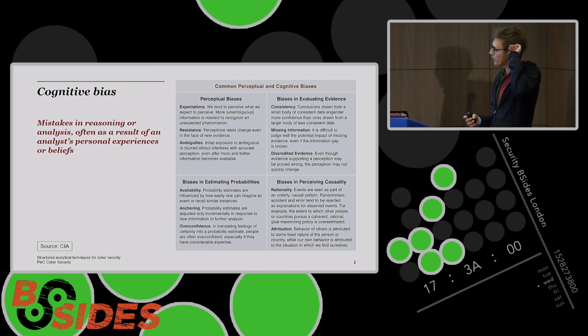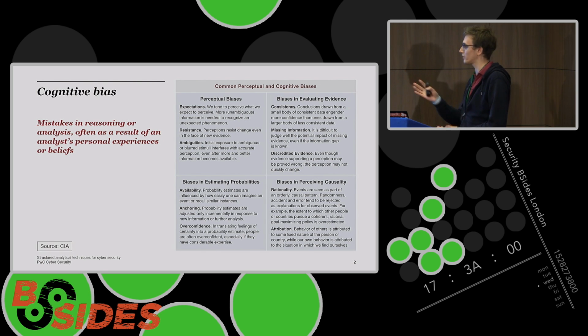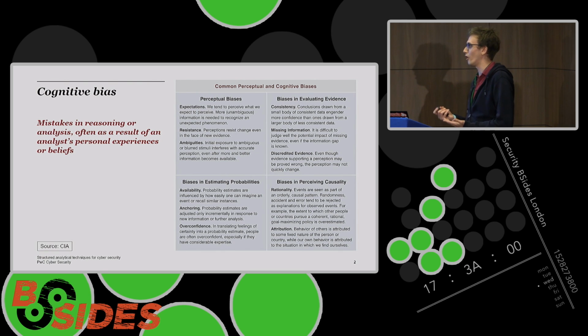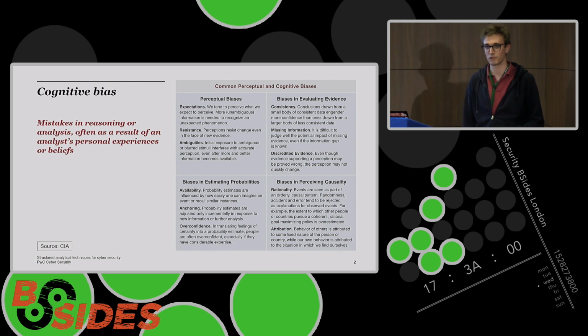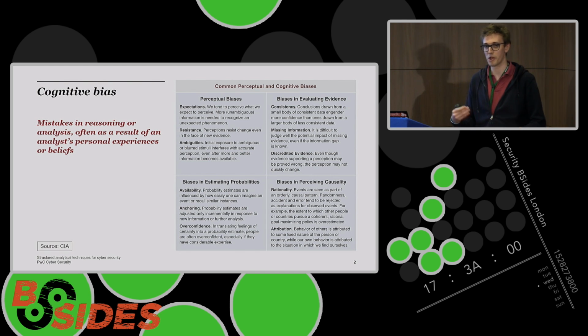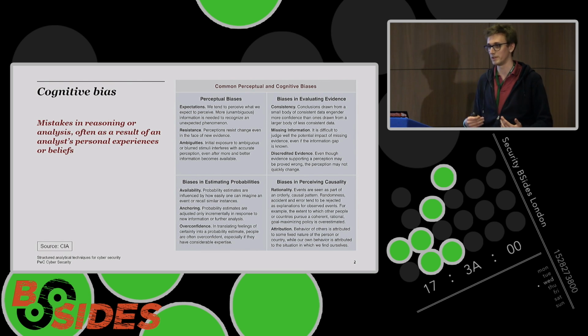What's the point? When we're doing any kind of analysis, there's always some level of bias in there, and we generally call these cognitive biases. As it says on the slide, a cognitive bias is a mistake in reasoning or analysis, often as a result of an analyst's personal experiences or beliefs. Basically, any analysis I do is always going to be coloured by my own personal experiences and the way the world has been to me.